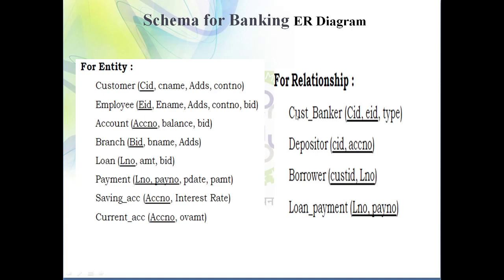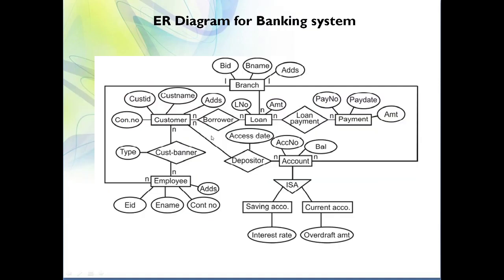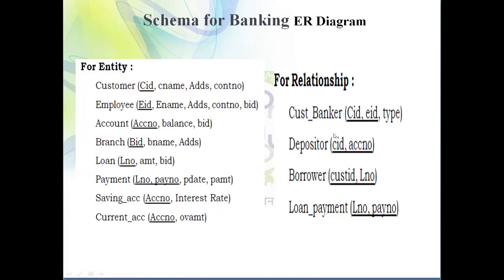So this is the thing. There are 4 relationships in our tables: customer banker, loan payment, depositor and borrower. So that we have considered over here. After drawing the ER diagram for any particular domain, you need to derive a schema. And after that, implementation of the database will take place with the help of SQL.